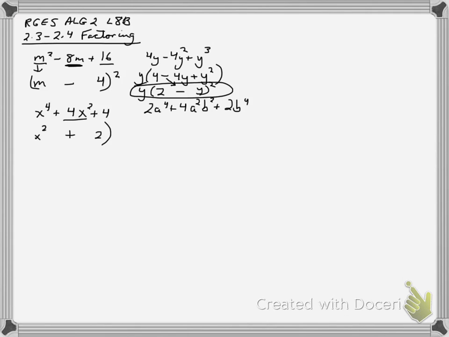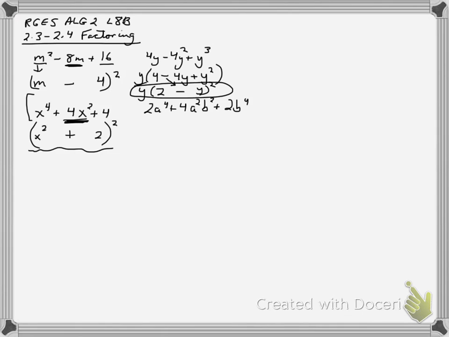So what am I telling you? If your first term is something that's a square, and your last term is something that is a square, then always check to see if the middle term complies. And if it does comply to this pattern, then we have what we call a perfect square.